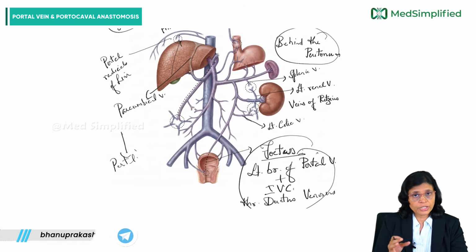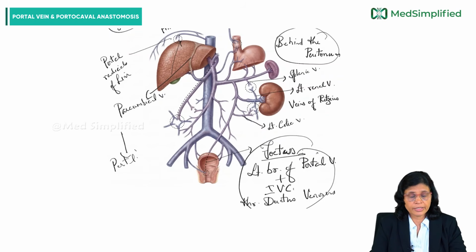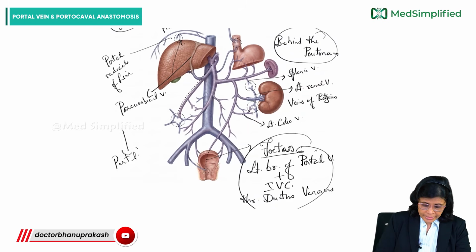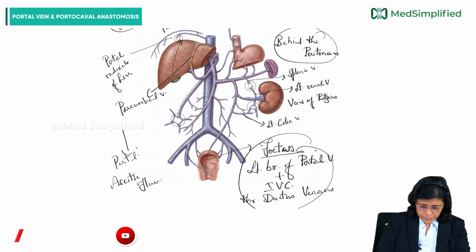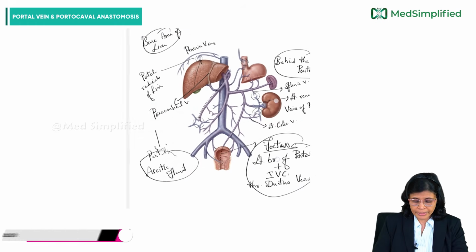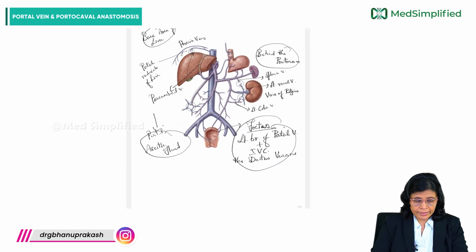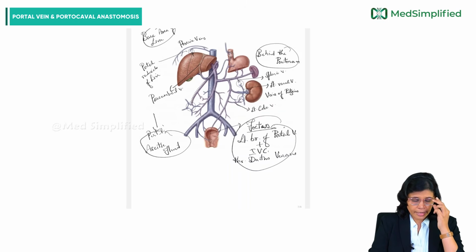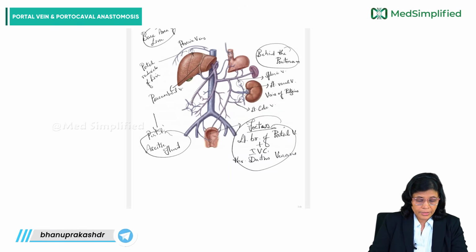So if the anastomotic channel remains impervious, when you say impervious, basically it doesn't allow blood to pass, at that time the ascitic fluid accumulates in the peritoneal cavity due to the venous stasis.